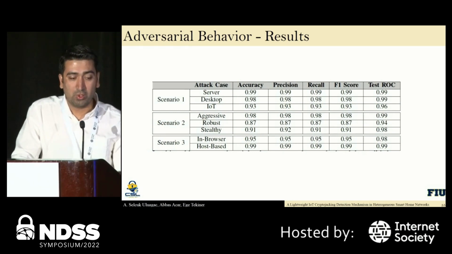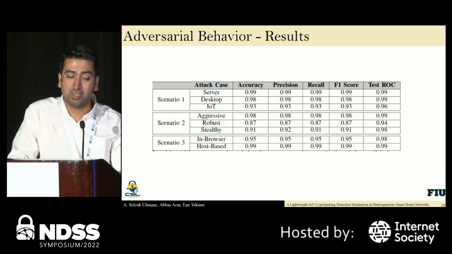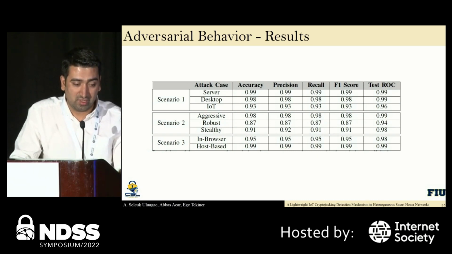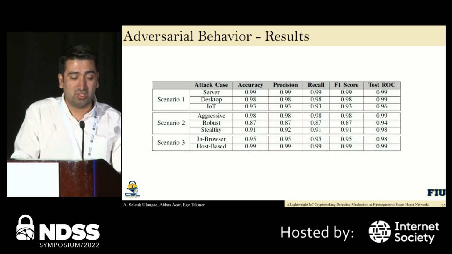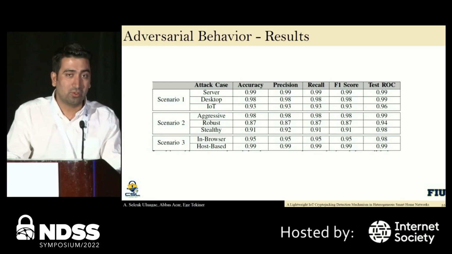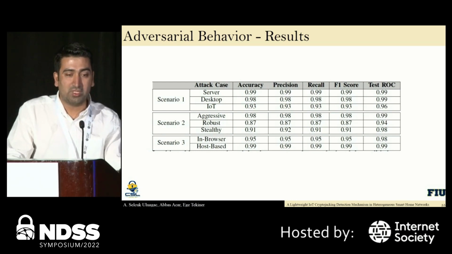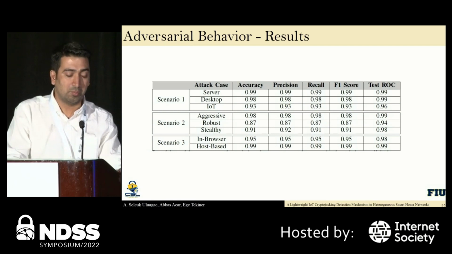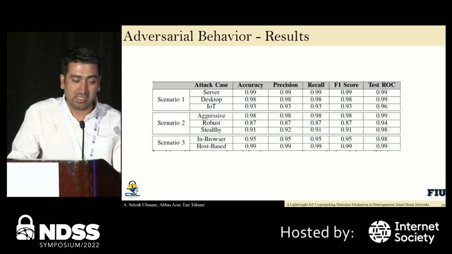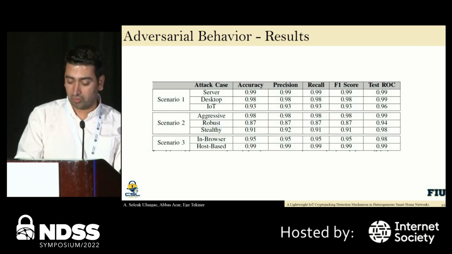However, on the other hand, when we look at the different profit strategies, we see that if a stealthy or robust approach is used, the detection accuracy is decreasing. And when we look at the third scenario, we can see that in browsers, cryptojacking malware in general uses some CPU limiting techniques, and these techniques are actually working and decreasing the accuracy of the detection method.